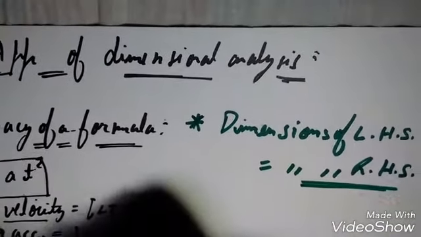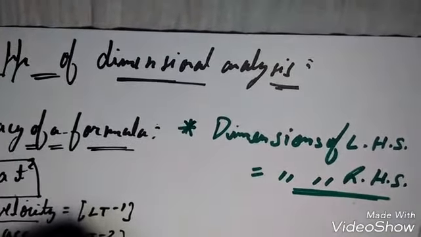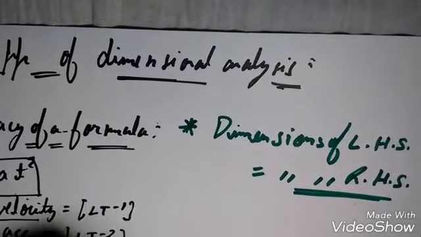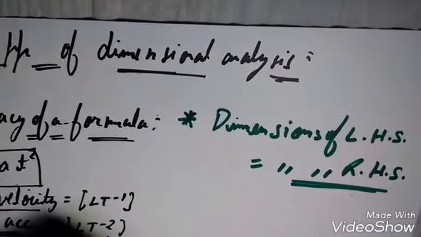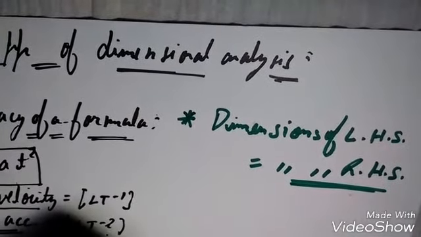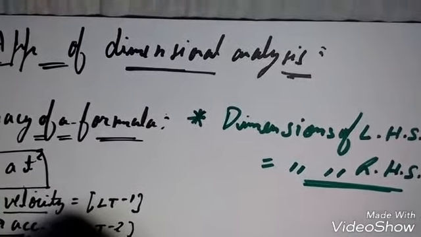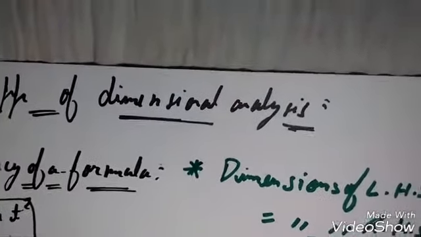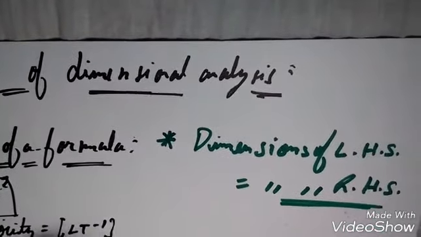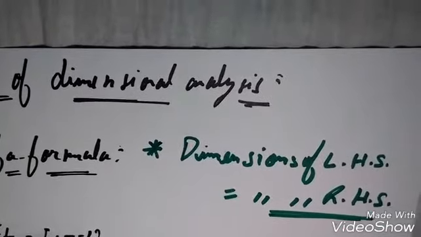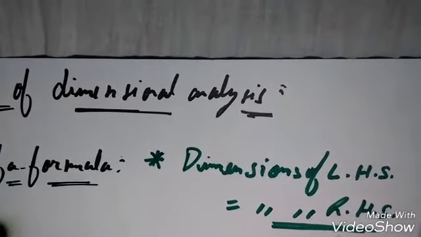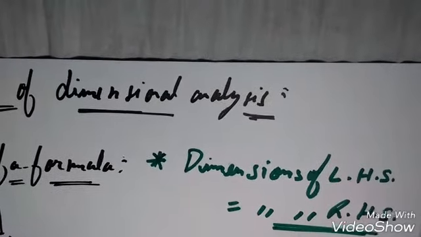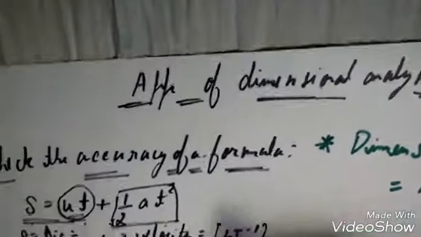Means if you have a formula, then the dimensions it has on the right hand side will surely be equal to its dimensions on the left hand side. If these two dimensions are equal, then it is a proof that the formula is correct. If the dimensions of the left hand side are not equal to the right hand side, then it shows that the formula is incorrect. Let's take an example.